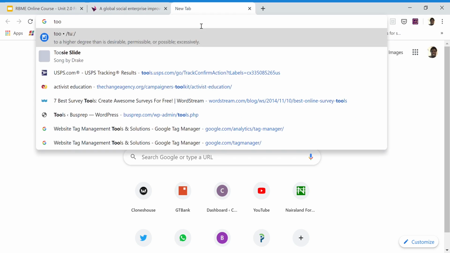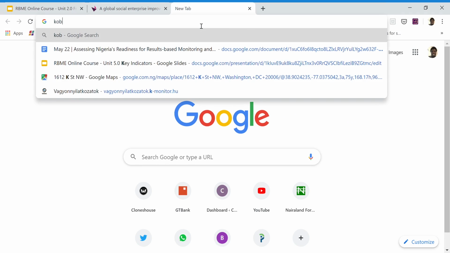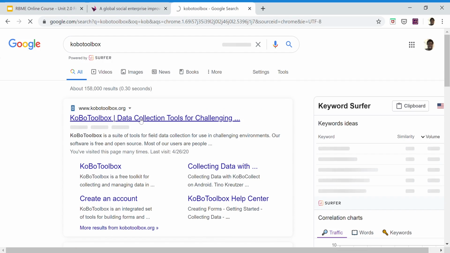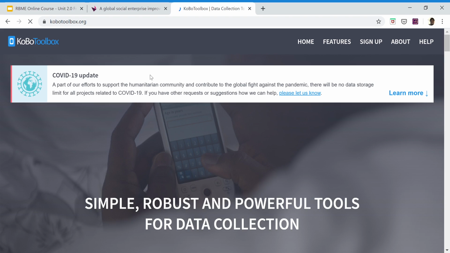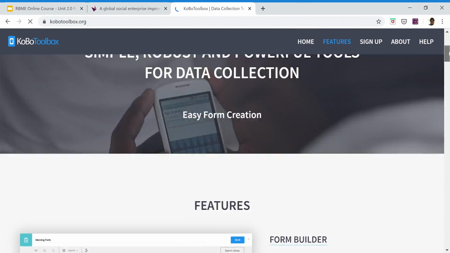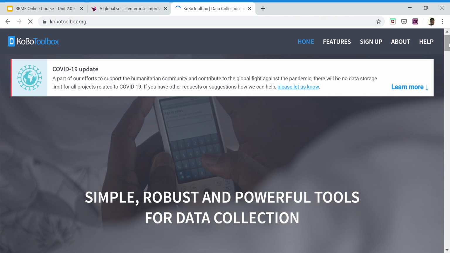Then there is the Cobalt Toolbox. We mentioned this just briefly. This is about sending a link to people's phones so they can complete the data on the phone as well. This is not voice. This is more like using text to collect data.